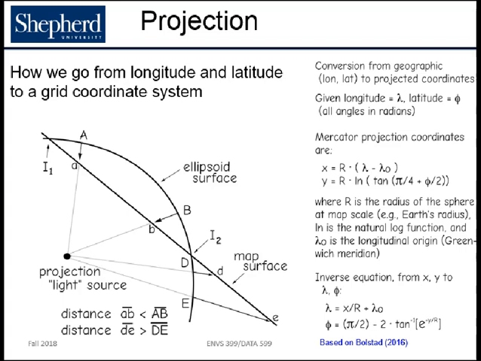A map projection is constructed by passing rays from a projection center through both the Earth's surface and the developable surface. Points on the Earth are projected along the rays and onto the developable surface. This surface is then mathematically unrolled to form a map.